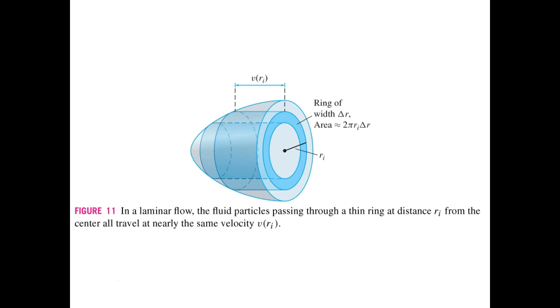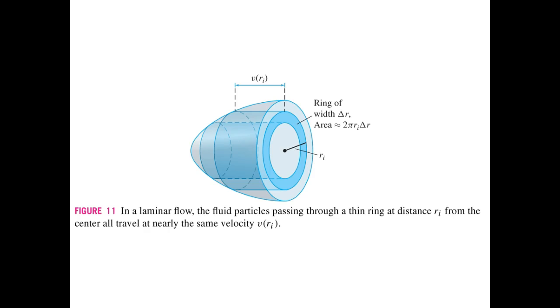That would give you the area of that ring. Okay? And all the water in that ring, pretty much, as long as it's a thin ring, is going at about the same speed. That will be our V of Ri.